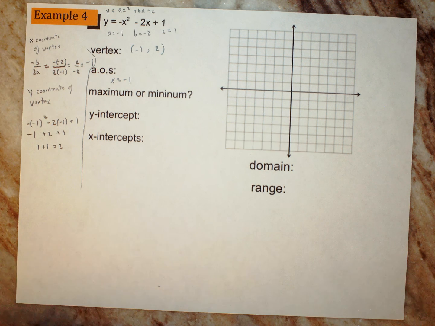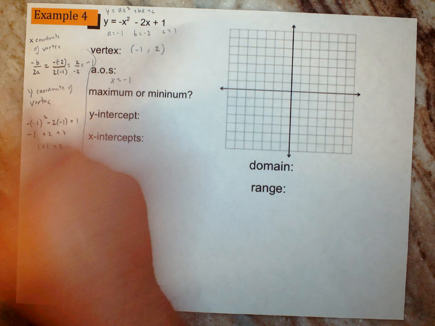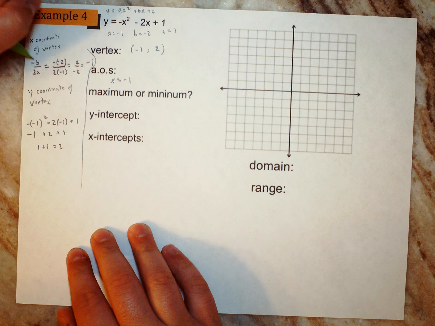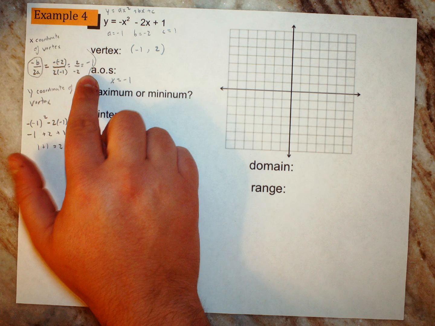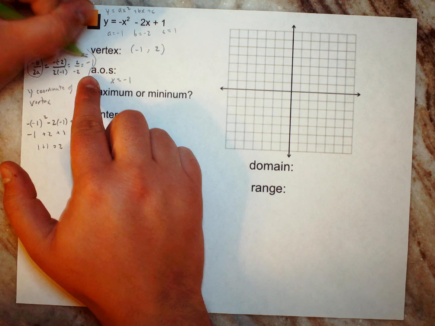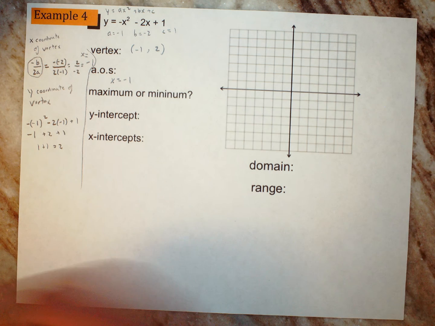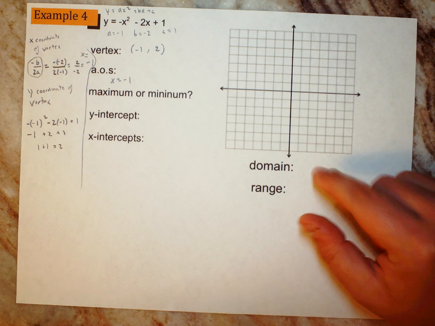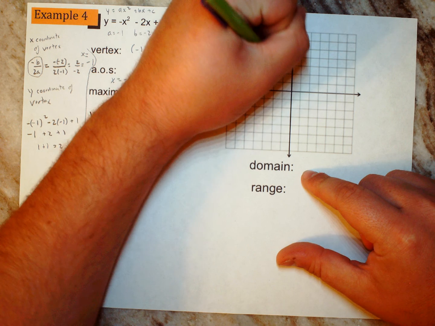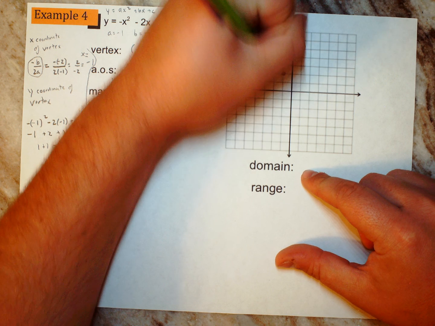So again, to find the vertex when we're in this form, we do -b over 2a to get the x. Then you plug that number back into the original equation to get y. So let's graph the vertex real quick. Go over 1, up 2, axis of symmetry.